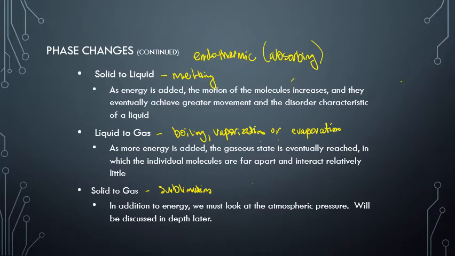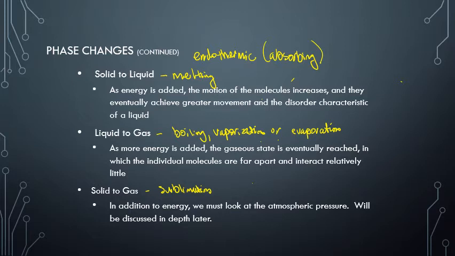When we talk about the liquid to the gas, it's the same type of concept. We have more energy being added. Eventually, some gas particles will form as the liquid molecules have enough energy to escape all those forces of attraction holding them together at the surface of the liquid. Eventually, I would have a larger amount of gas particles formed as the temperature continues to increase.